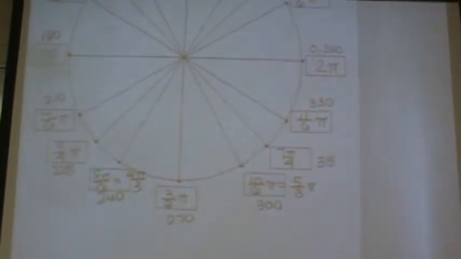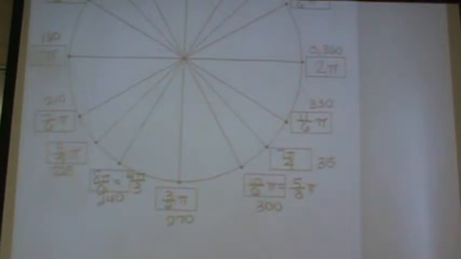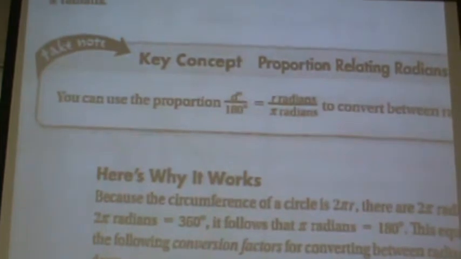Just like you convert feet to inches. How can you change, and I want you to look at your notes. I gave you the notes, 13.3. Everyone have radian measure? So we talked about this already.